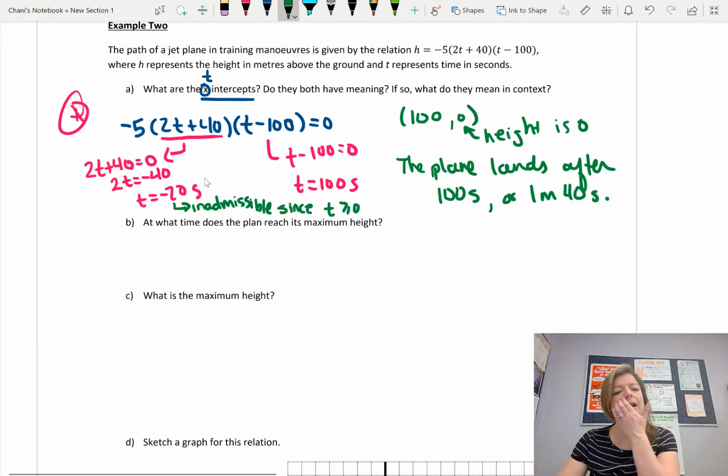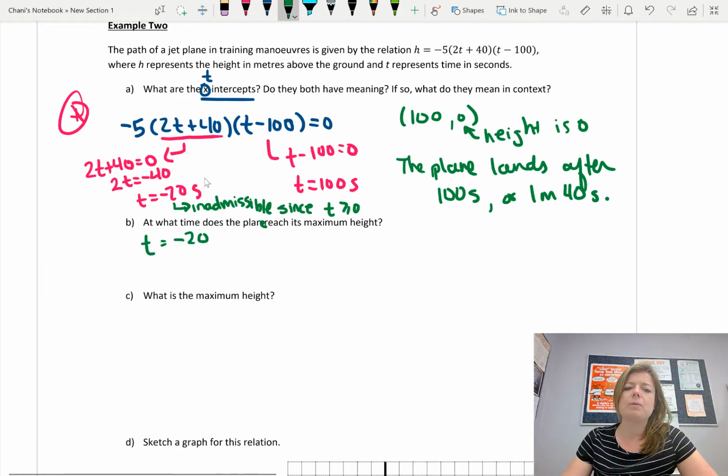Okay, at what time does the plane reach its maximum height? So this is actually where this pretend t-intercept is actually useful, and we actually need it. Even though it doesn't have meaning within the context, it is useful in helping us find the t value of the vertex since it occurs halfway between the zeros.